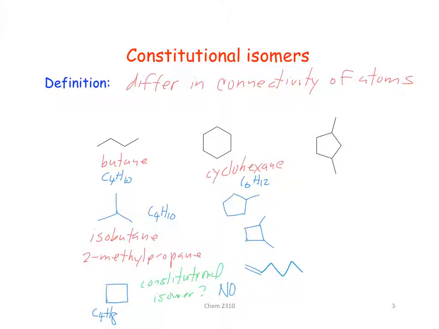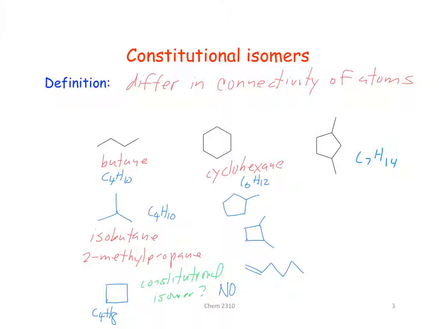What about 1,2-dimethylcyclopropane? What's the molecular formula of that? We've got 3 in the ring, plus 2 methyls, so C5. And how many hydrogens? We have 1 unsaturation, so it's just going to be 2N, so H10.